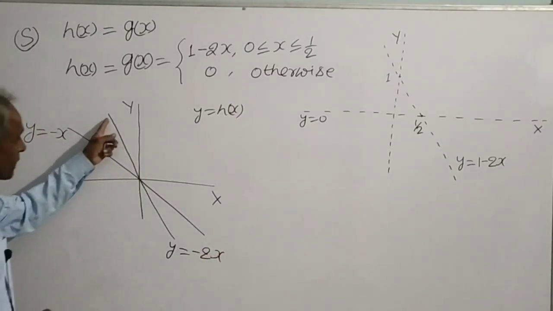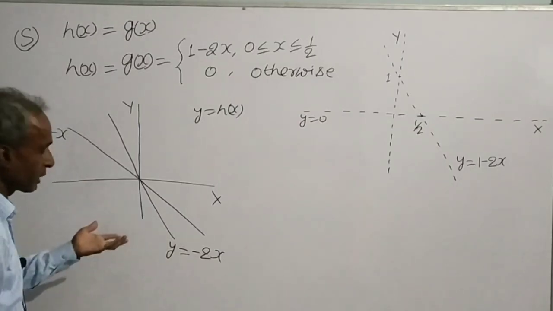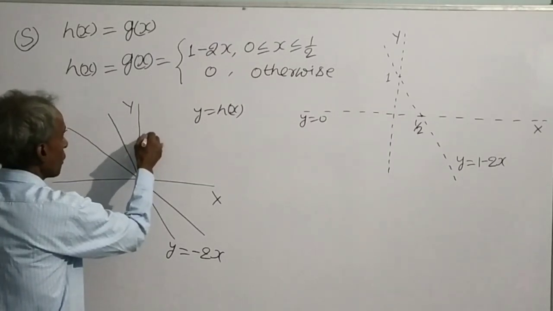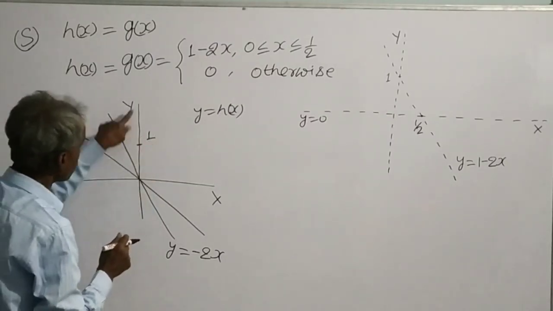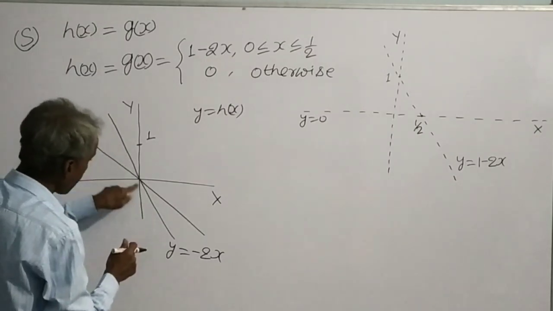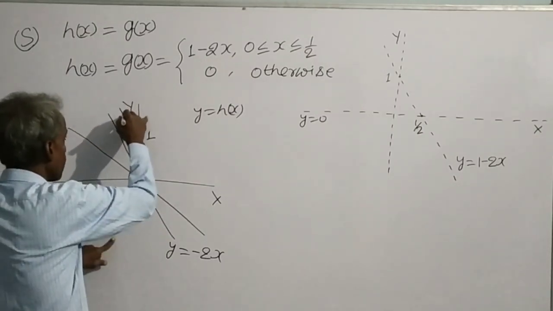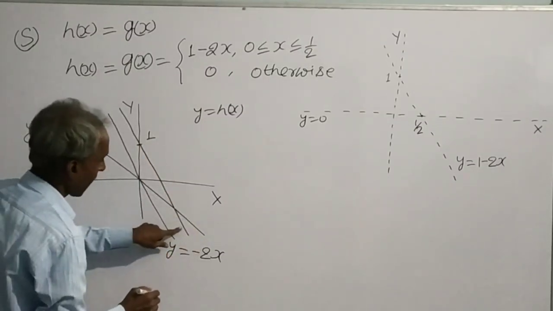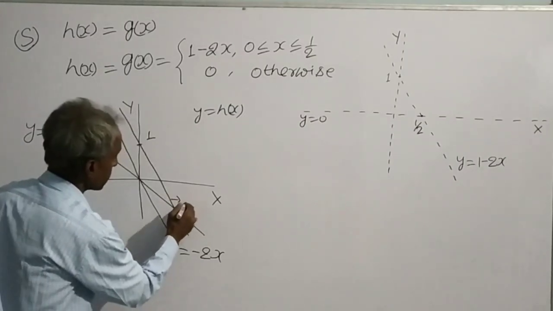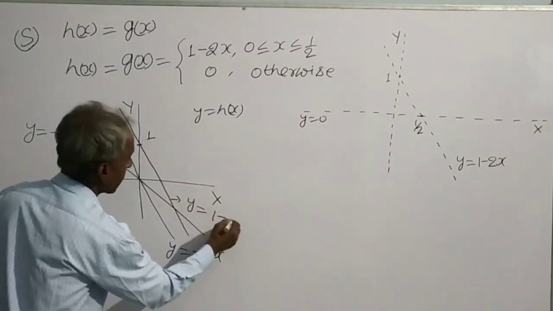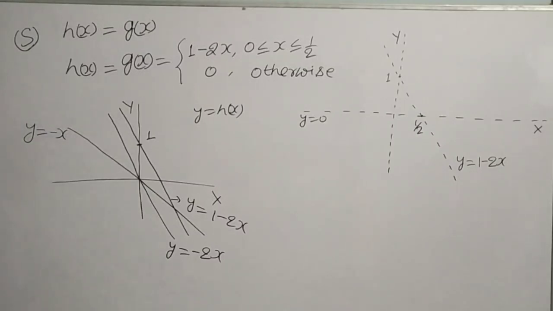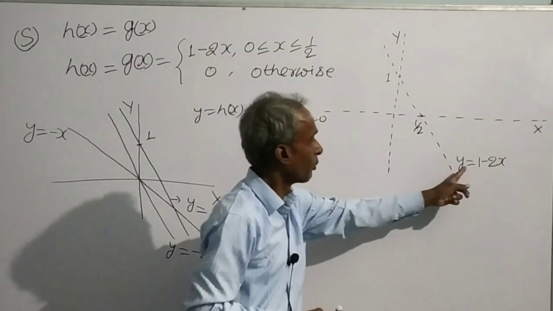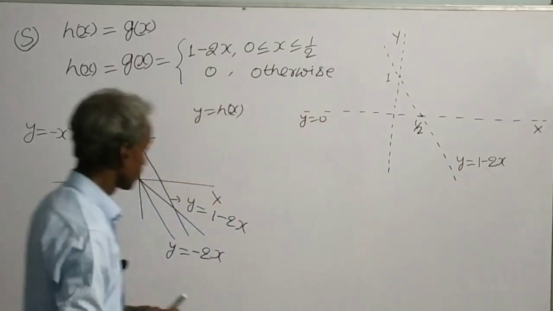When we shift this straight line up by 1 unit, passing through this point 1 on the y-axis but parallel to this line, then this line is y is equal to 1 minus 2x.